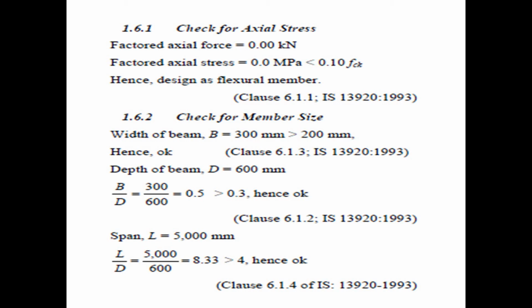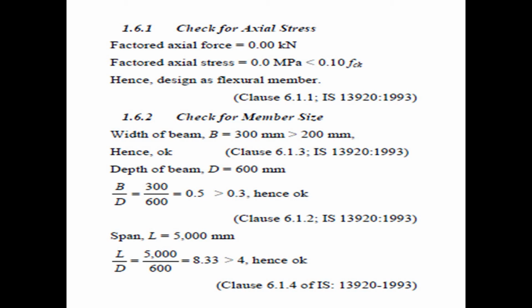Okay, so like this, first of all, if you see IS 13920, clause number 6.1.1, here the check for axial stress is there. So you have to check the clause for the axial stress. The factored axial force here is 0 because no axial force is acting on the beam, and as per the clause it should be less than 0.1 fck, whatever the grade of concrete is.